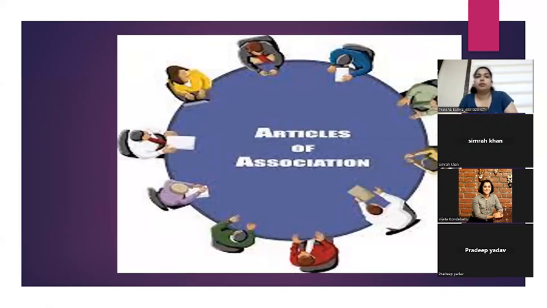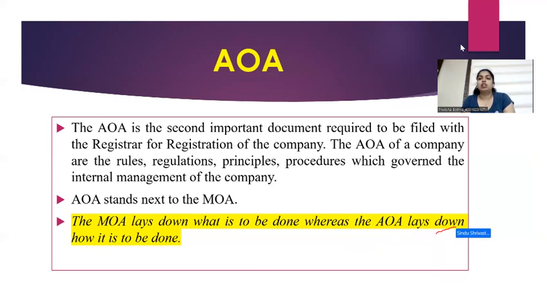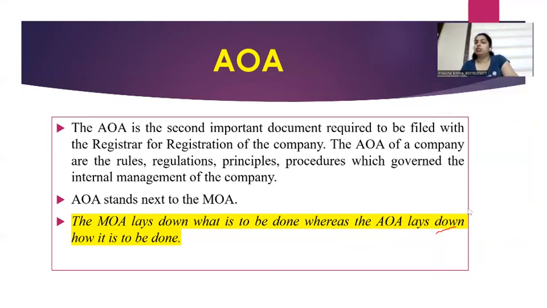Thanks, Indra. Okay, so articles of association is your task two, or is something which you will be learning about in the form of your task two. Articles of association is the second most important document required to be filed with the registrar for registration of the company.